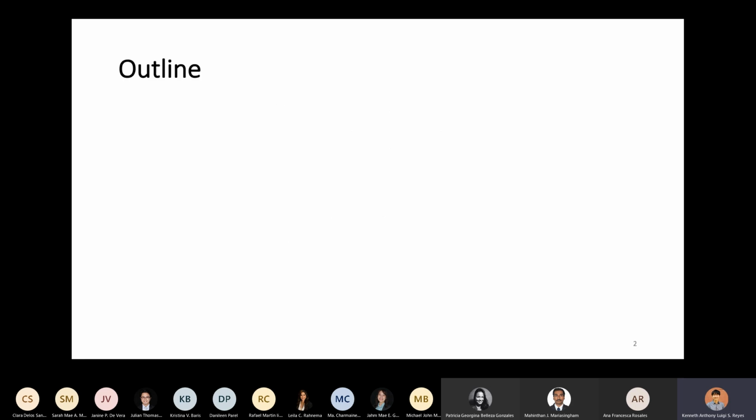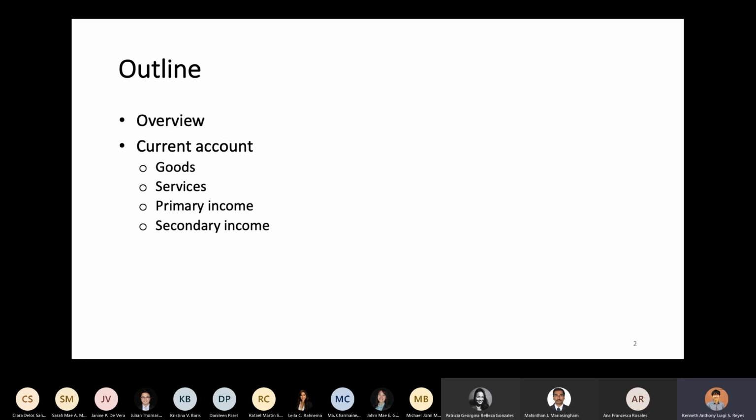This is an outline of what I'm going to talk about. First, I'm going to give an overview of the BOP itself, its principles, what it's for, what it contains. Then I'm going to talk about the current account component, which consists of four sub-accounts: goods trade, services trade, primary income, and secondary income.